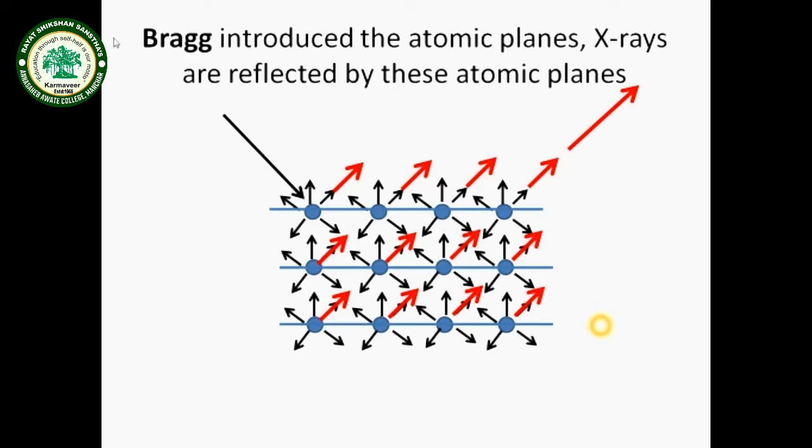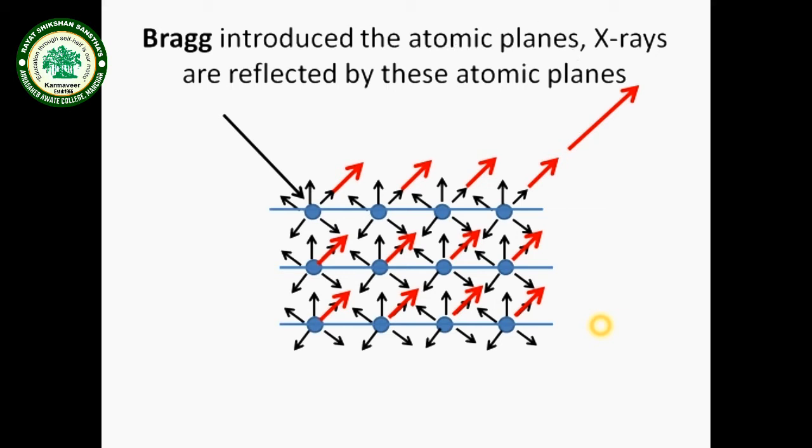But now after that, for the analysis of the X-ray diffraction pattern, Bragg came, and he made a little correction. But due to that correction, the analysis of X-ray diffraction patterns became very easy. Bragg introduced the concept of atomic planes.